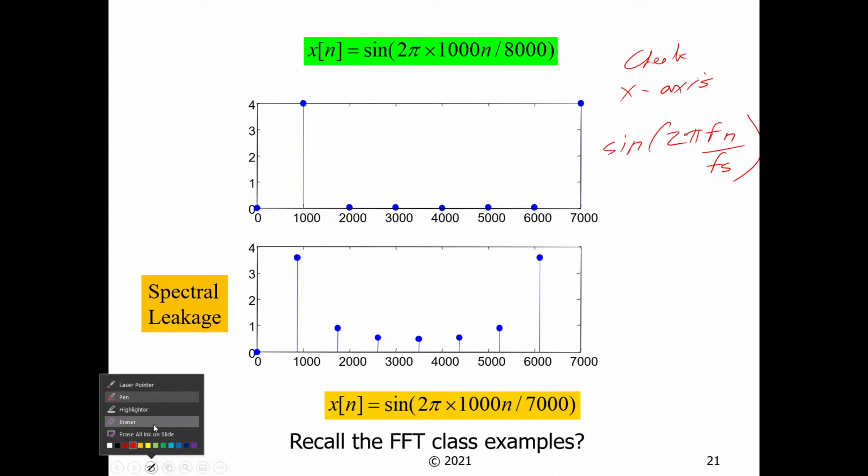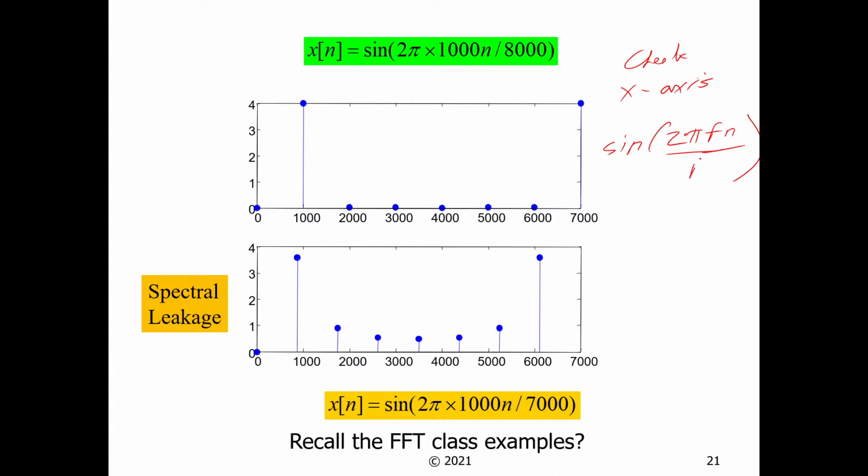Oops, hold on. f, n, and n here was the number of samples. fs was the sampling frequency.